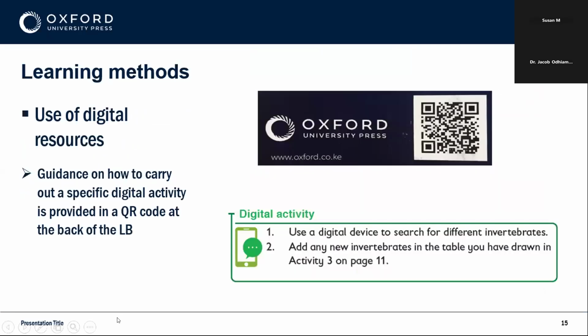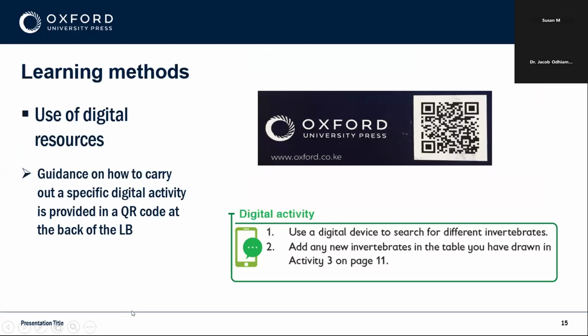The other learning method is use of digital resources. And in our books, there are two approaches to the use of digital resources. One is using the QR code. At the beginning of this session, you were shown how you can scan the QR code.